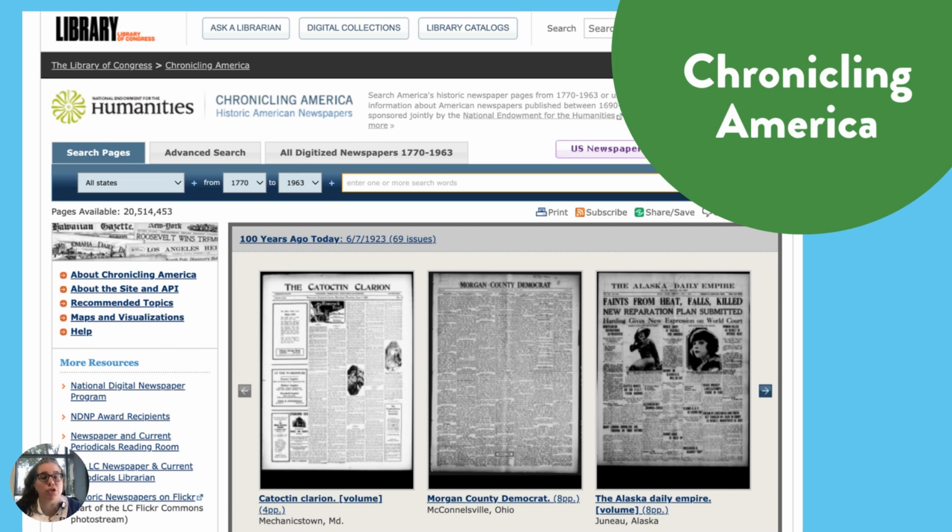And when I say searchable, I mean that they have been scanned with OCR, so students can type in a keyword for a person or event, and the database will pull all the pages with those words. This includes over 280,000 pages from Arkansas newspapers, a total of 93 newspapers.